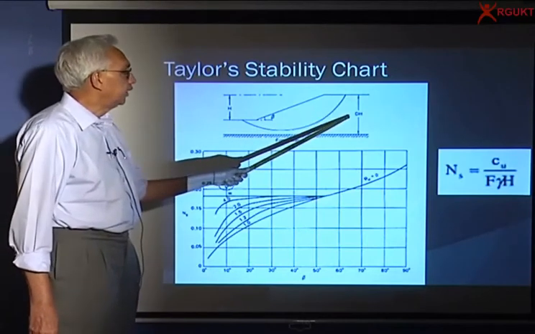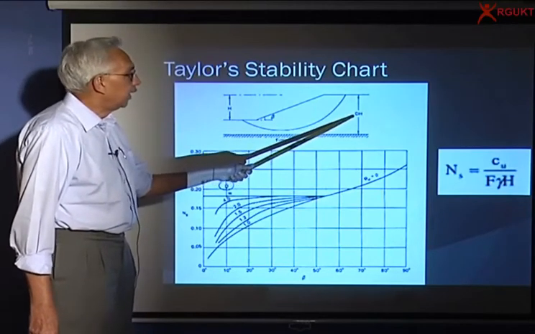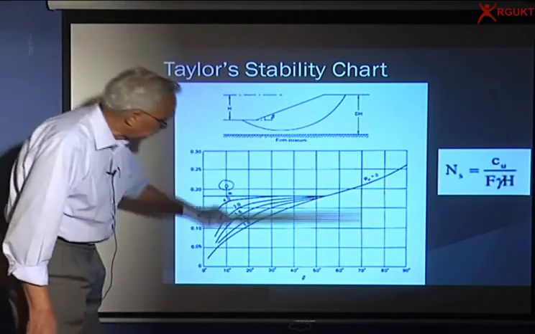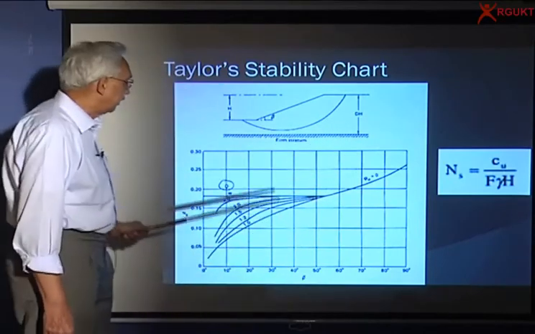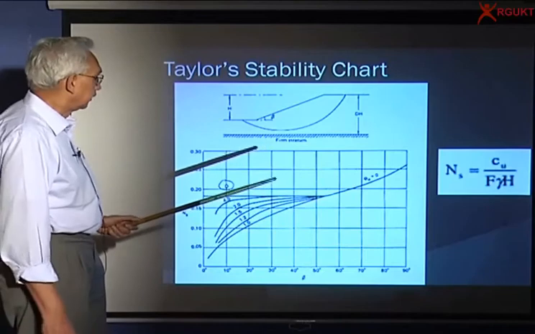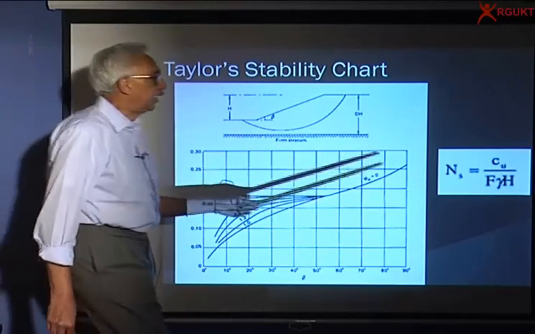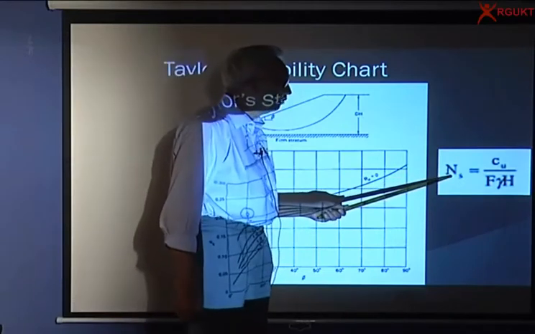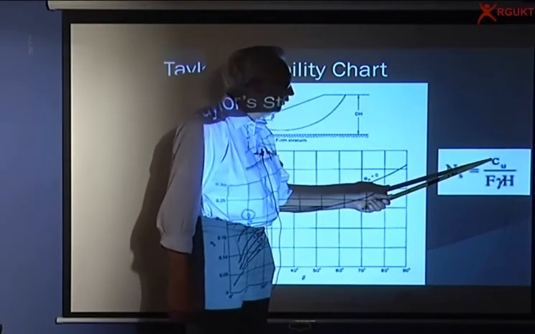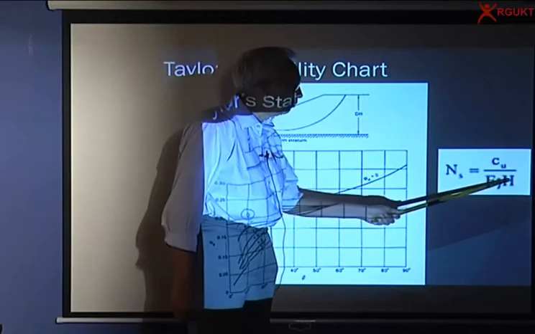So if I look at the parameter d, if d is infinity, the hard stratum is far below, whereas if it is 1, 2, etc., it is closer to it. So he has done the whole analysis and he gives the results in terms of the stability number, which is equal to Cu by F into gamma h.